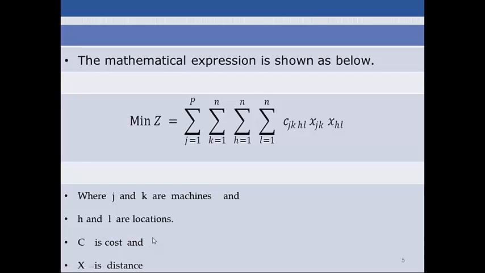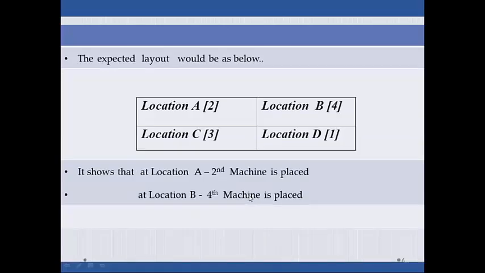We consider unit distance to be traveled by the product for moving from one location to another, and for one unit distance, whatever cost is required, that cost, and the distance between two machines. So all this information is already collected, and this is the objective function for which we are going to find the fitness function.